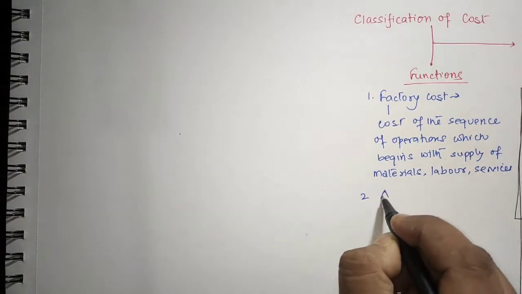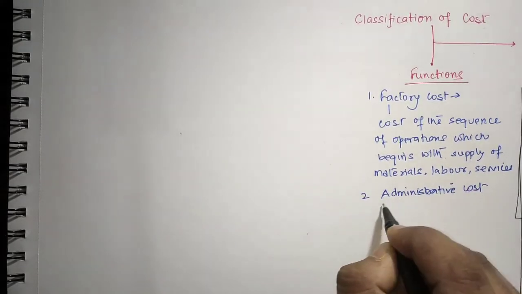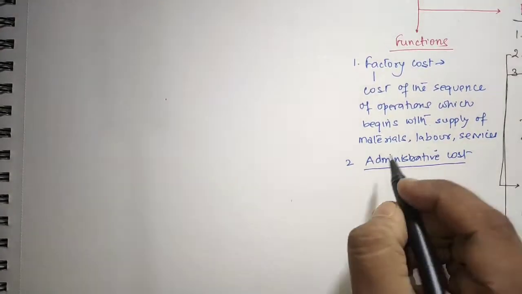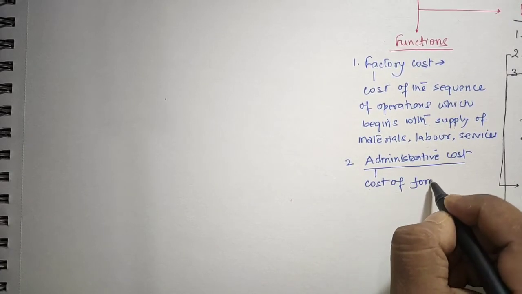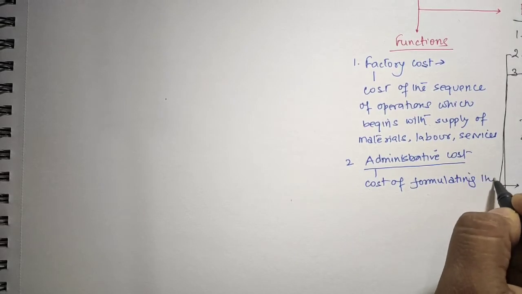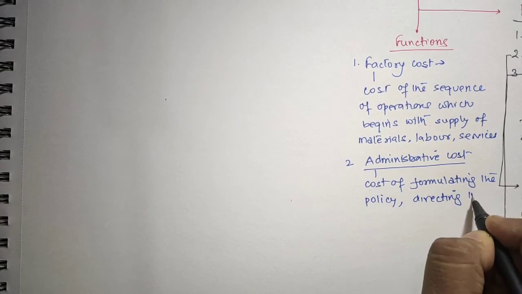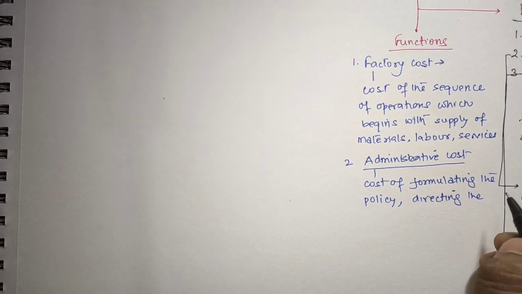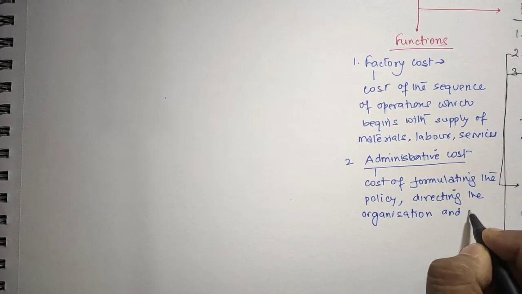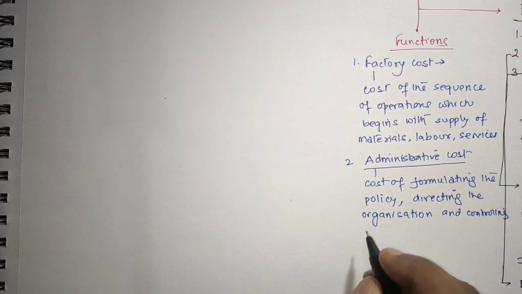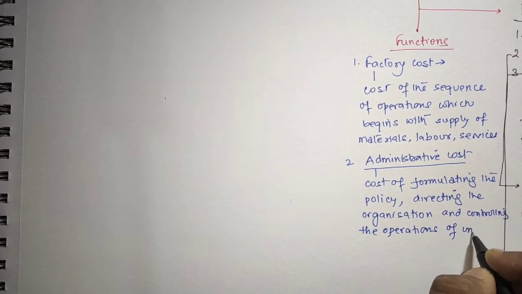Second, we have administrative cost. Administrative cost is the cost of formulating the policy, directing the organization and controlling the operations of the undertaking.